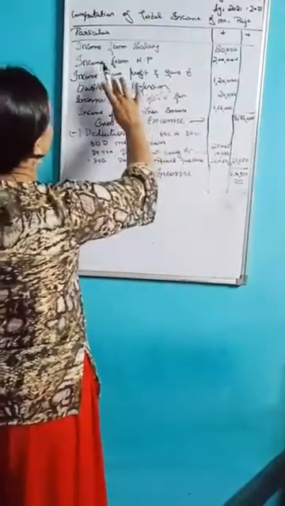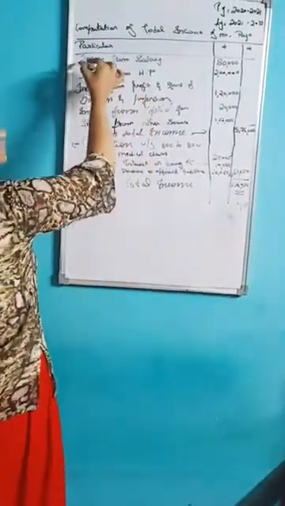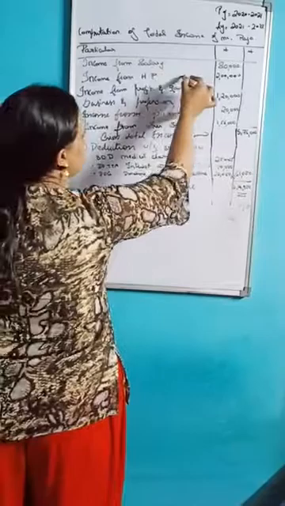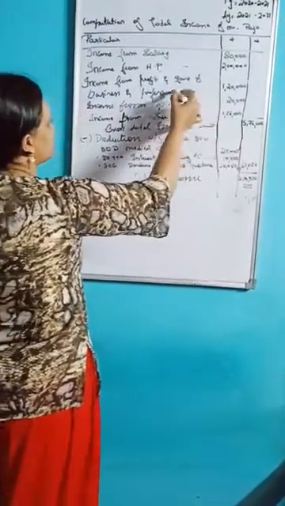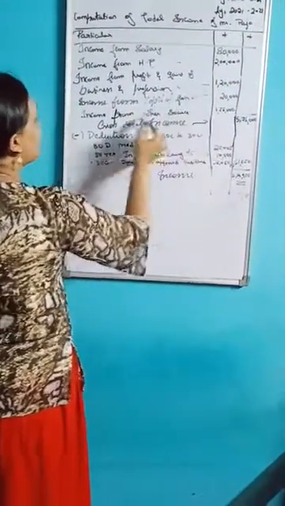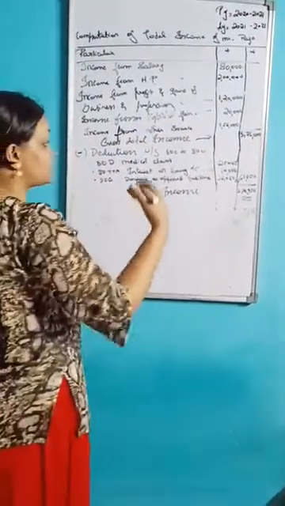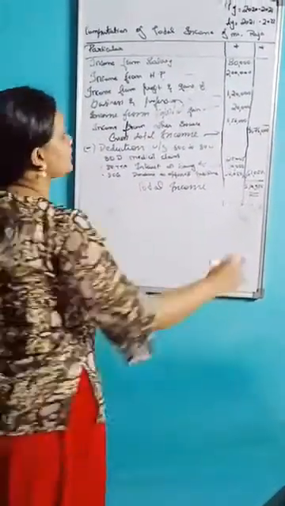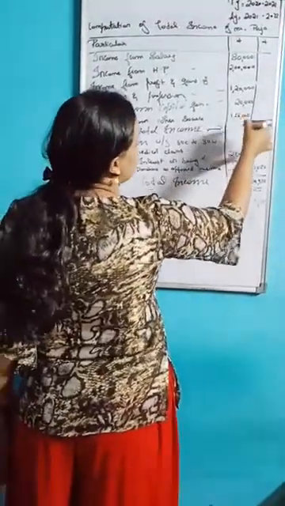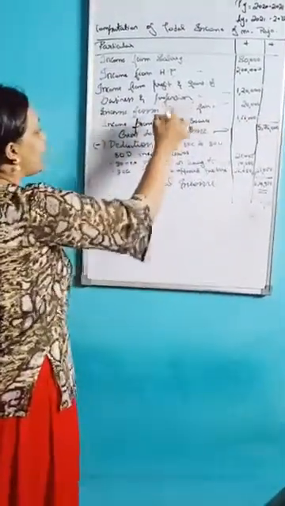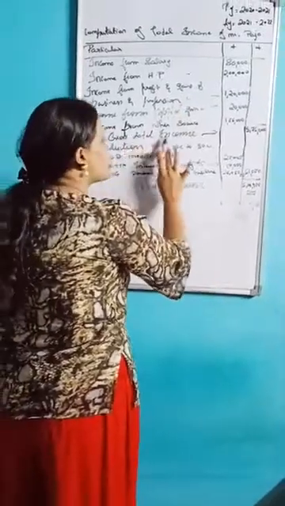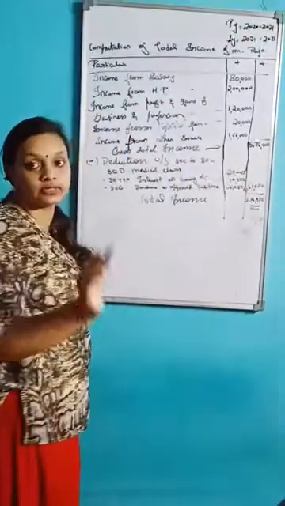So you will calculate house salary, house property, profits and gains of business and profession, capital gain and income from other source. You have to calculate what comes under income from other source. You will get the final answer 1,56,000. You add all of them, that comes to gross total income, 5,76,000.